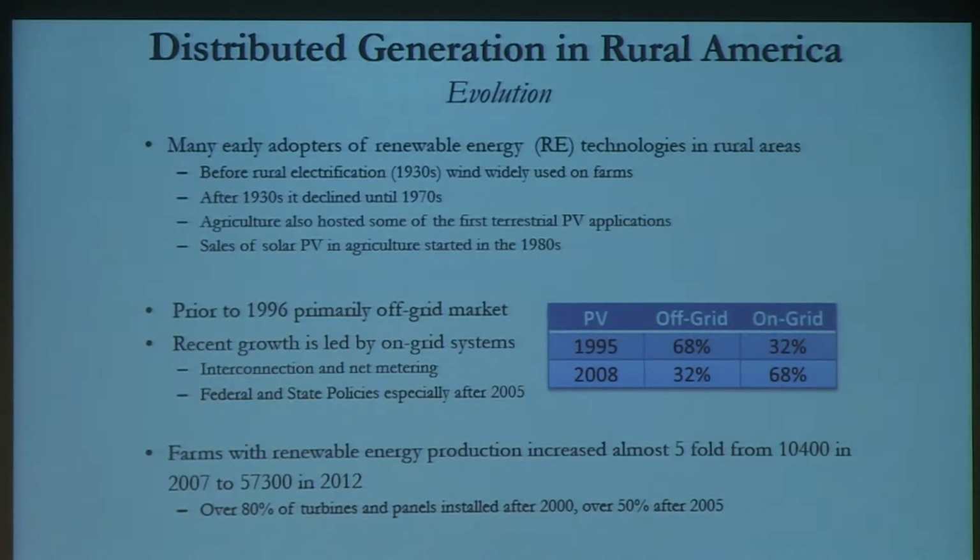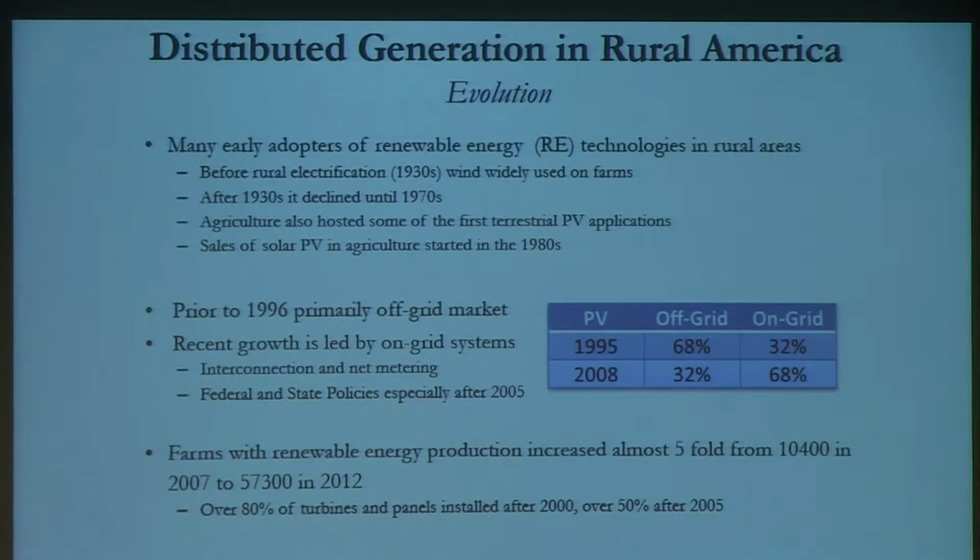In the 1990s, a big change occurred: we moved from a market for off-grid systems to a market for on-grid systems. Specifically, in 1995, 68% of the systems were off-grid, whereas in 2008, 68% of the systems were on-grid.